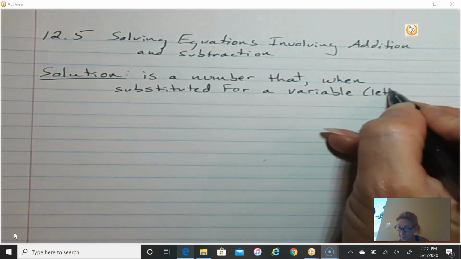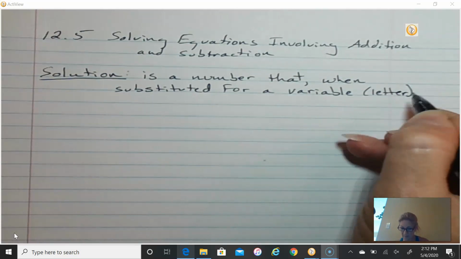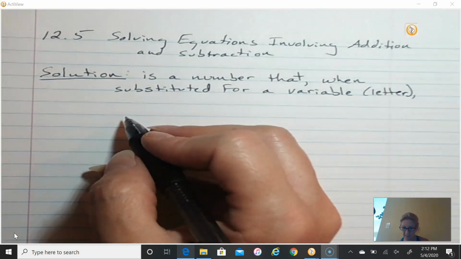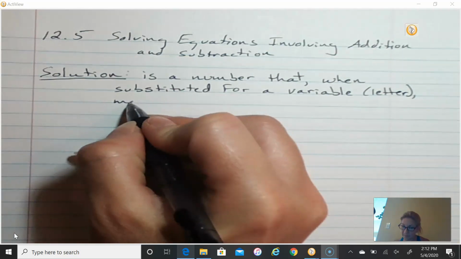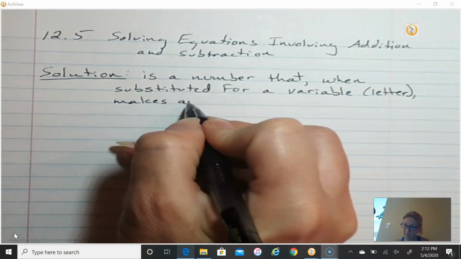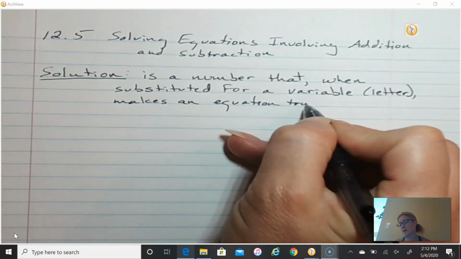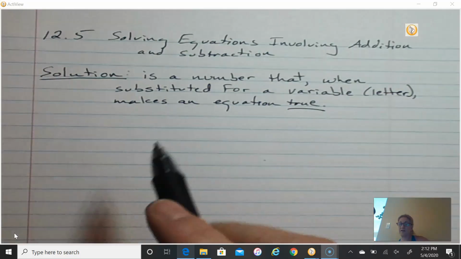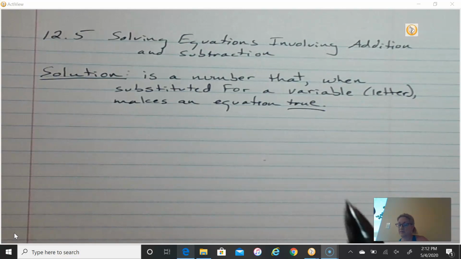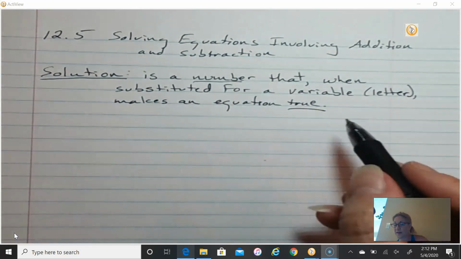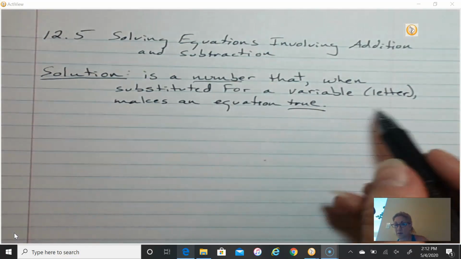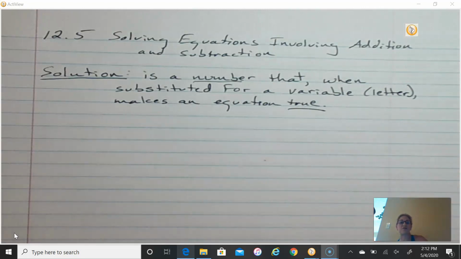A variable is a letter. It makes an equation true. Okay, a solution is a number that when substituted for a variable, for the letter, makes an equation true.